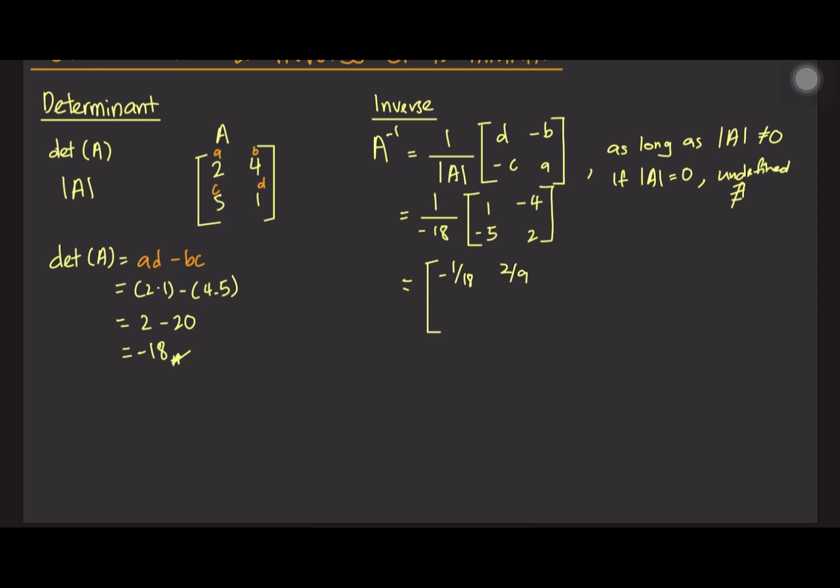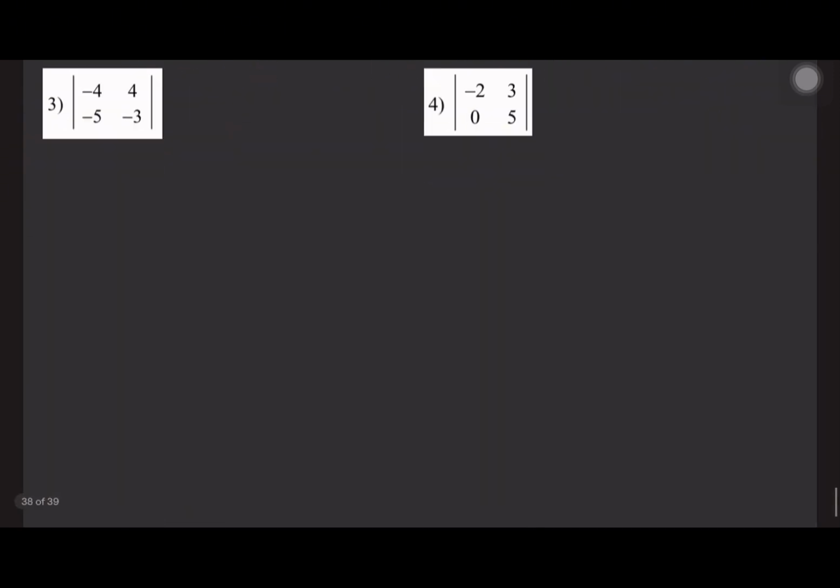Negative 5 divided by negative 18, we get 5 over 18. And finally, 2 over negative 18 is just negative 1 over 9. And that is the inverse matrix of A. Quite simple actually. Let's move on to more questions.